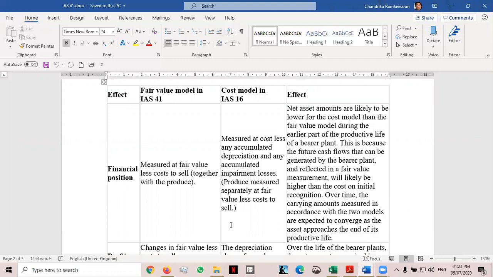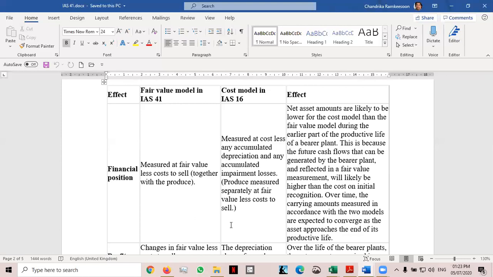Cost model in IAS 16, measured at cost less accumulated depreciation and any accumulated impairment losses. Produce separately, measured at fair value less cost to sell. That's the produce itself, which would usually be under IAS 2.